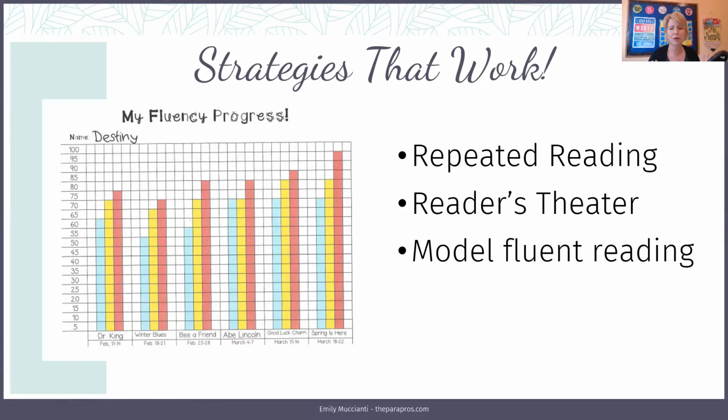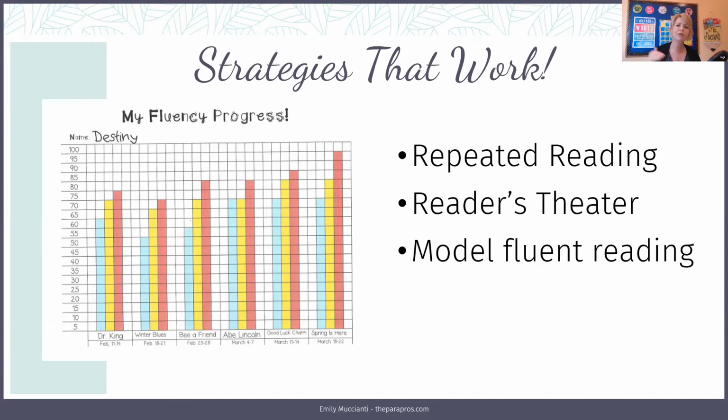Now, I want you to think about this. When you're a struggling reader and you've felt failure after failure and struggle after struggle, you don't want to read at all. And they will avoid reading altogether. So how are we going to motivate kids in order to get them to want to get back on that reading bandwagon? And this can be a great way. They see their growth. They realize, oh my gosh, you mean that effort did pay off?